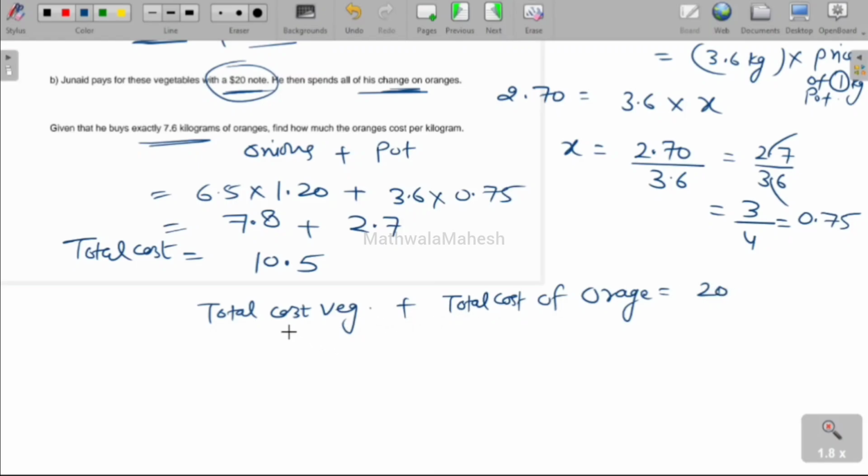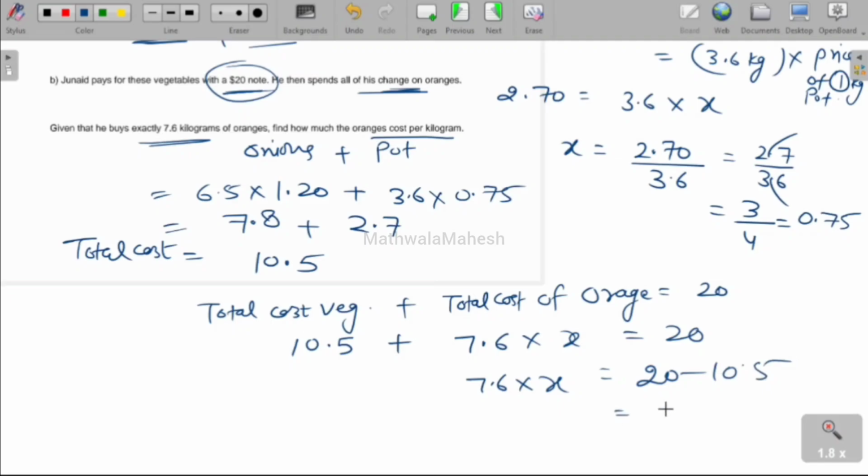Now this is 10.5 plus, we don't know the total cost of orange, but we know that there are 7.6 kg of orange, and let the cost per kilogram be x. And this is 20. So 7.6 into x equal to 20 minus 10.5, which is 9.5.